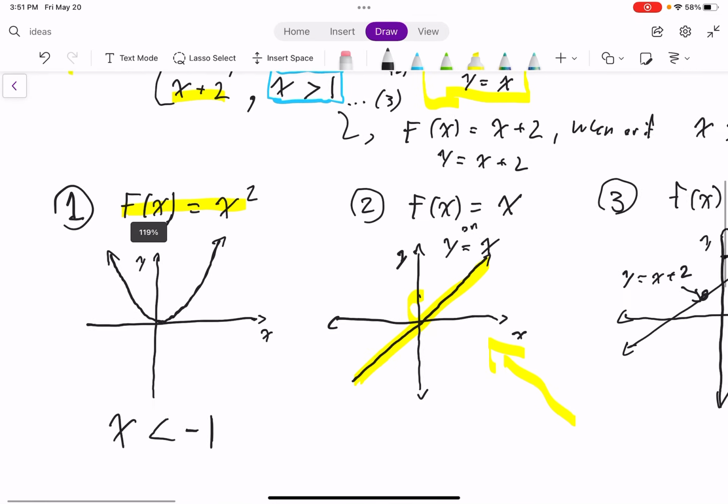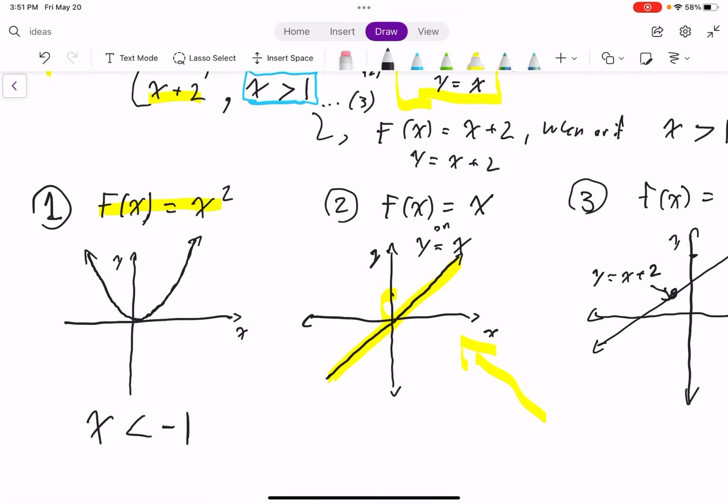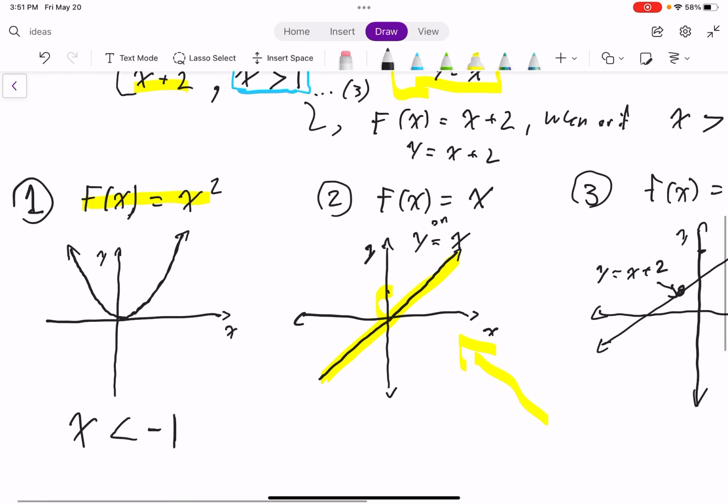So basically what that's saying is, if this is negative 1, we only want to look at less than. So less than negative 1 is this direction, so this whole area going up and over.